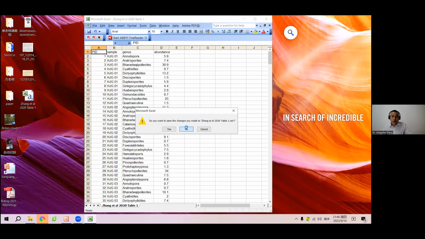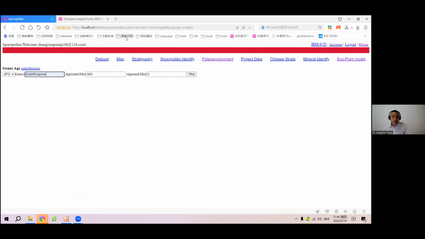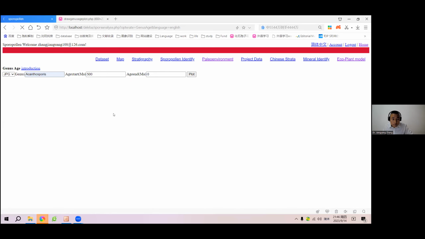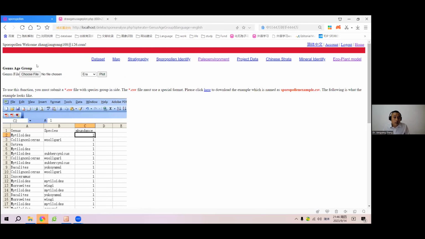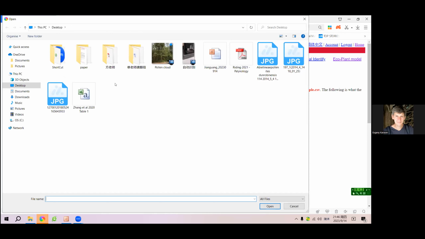We can upload this data and quickly get the age distribution plot.